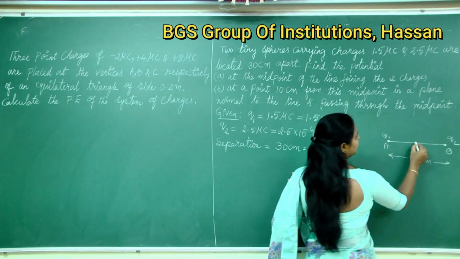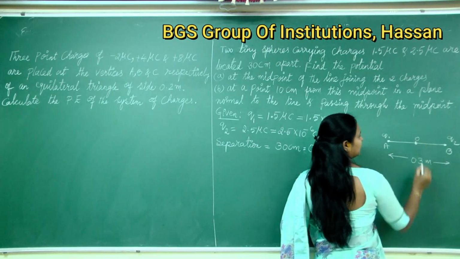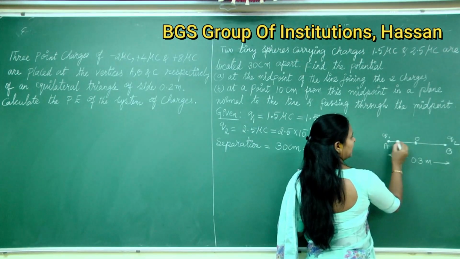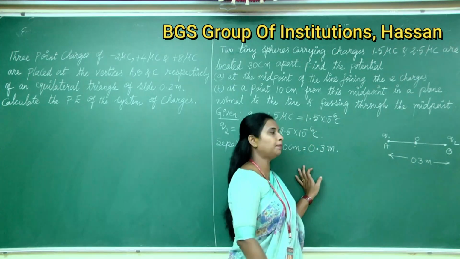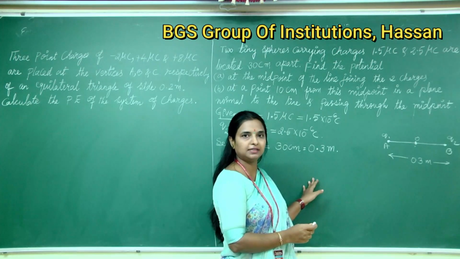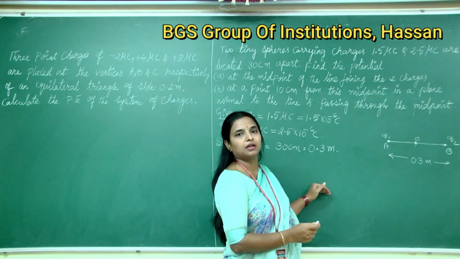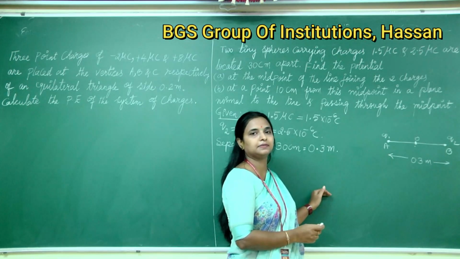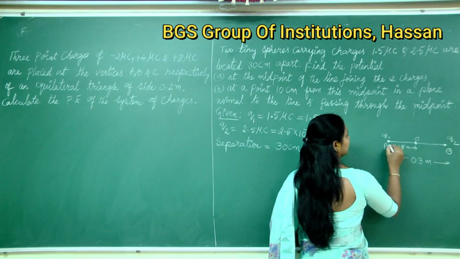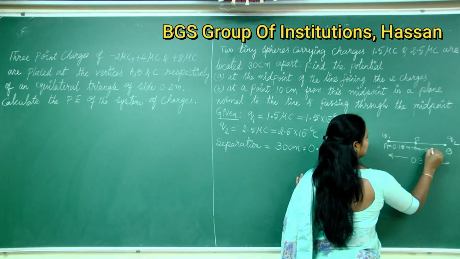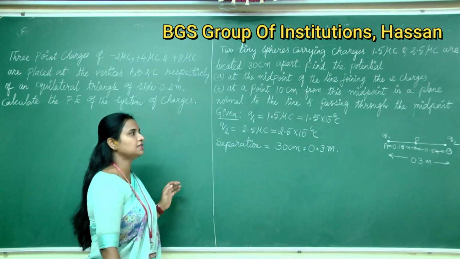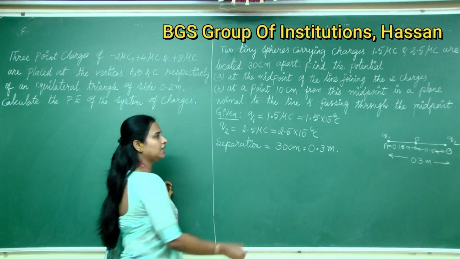So at midpoint means here, and denote it as O. And what is the distance from A to the midpoint and B to the midpoint? It is 30 divided by 2, it is 15 centimeter, and if you convert from centimeter to meter it is 0.15 meter, isn't it? So now it is easy to calculate the potential at midpoint.